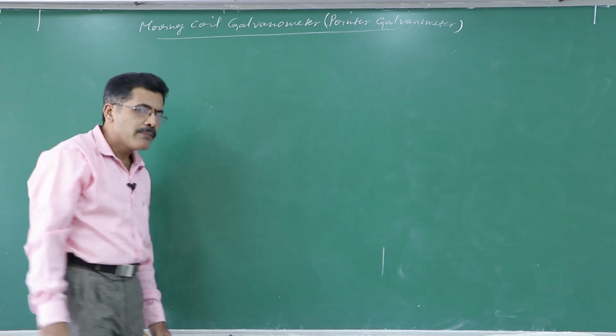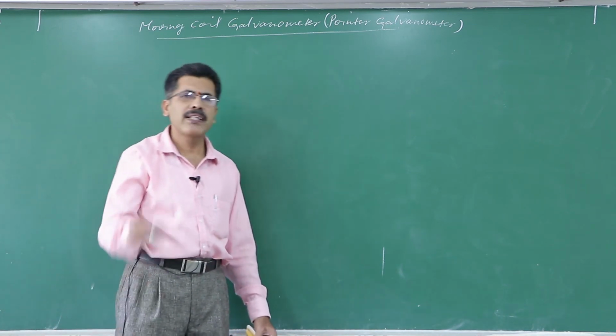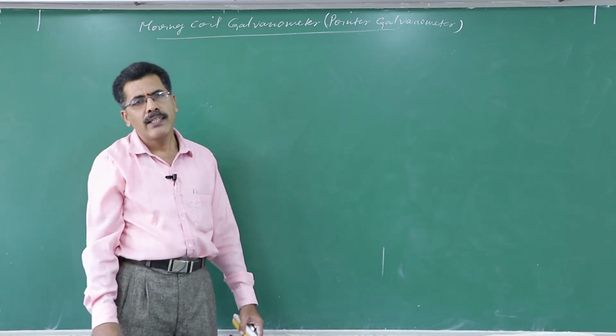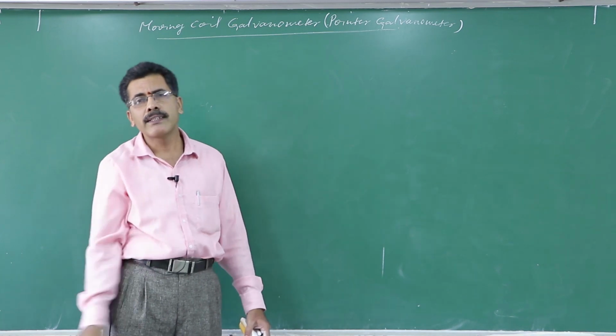You know, a galvanometer is a device which is used to detect current in a circuit. It's a very sensitive device. It can be used to detect current as small as 10 raised to minus 6 ampere.